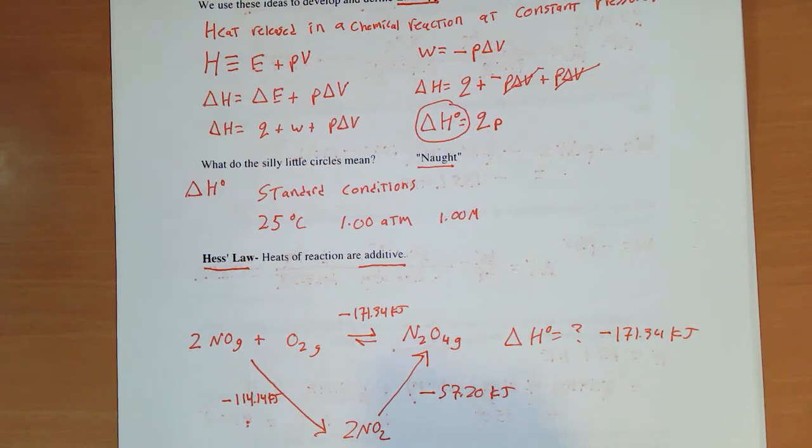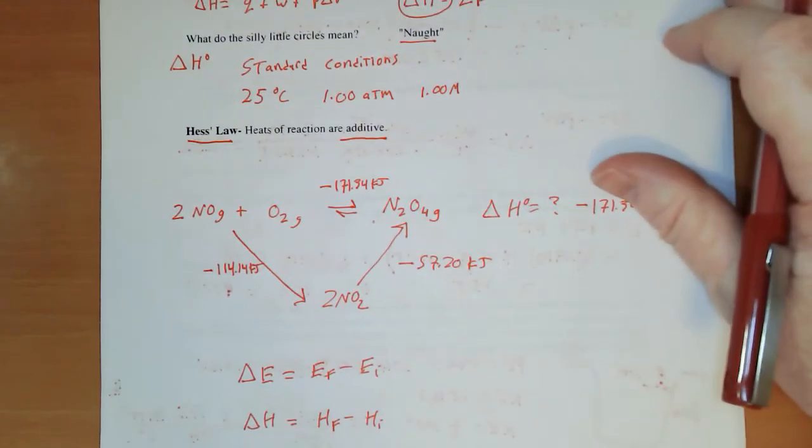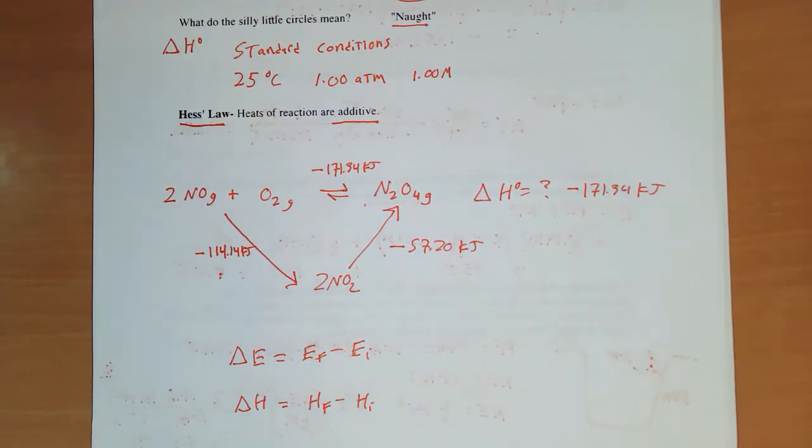So with state functions like delta E or delta H, we just care about the final minus the initial values. And we will always be happy with those. Okay? All right, so that is page 4, and we'll come back with page 5 in the next video.